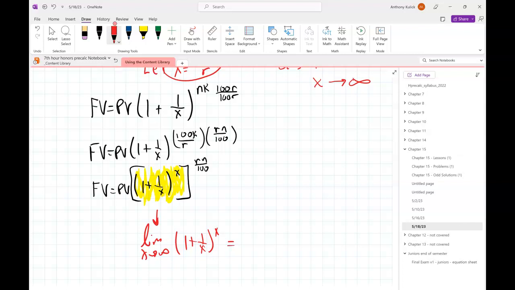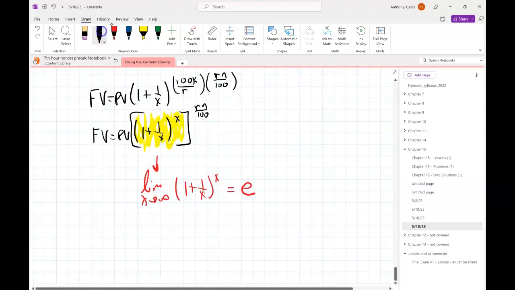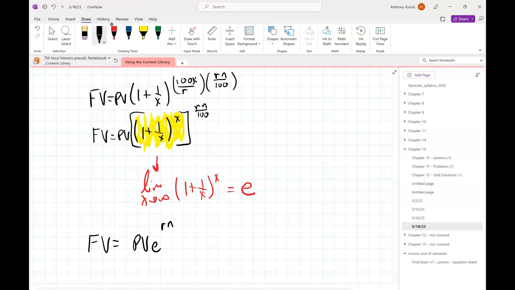We did it like a week ago. Oh. That's just E. It is. So what do we have then? So there's our continuously compounded interest formula.